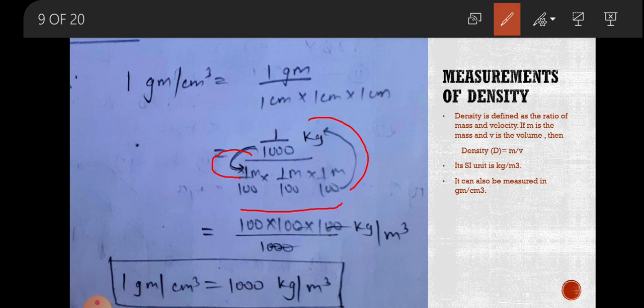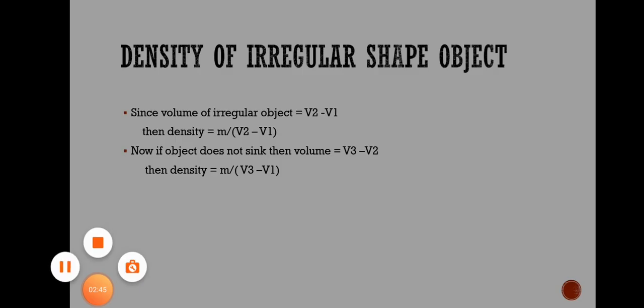When we cancel the zeros, we get 1 gram per centimeter cube equals 1000 kilogram per meter cube. I hope this conversion is clear to you. All conversions are done on the same concept.